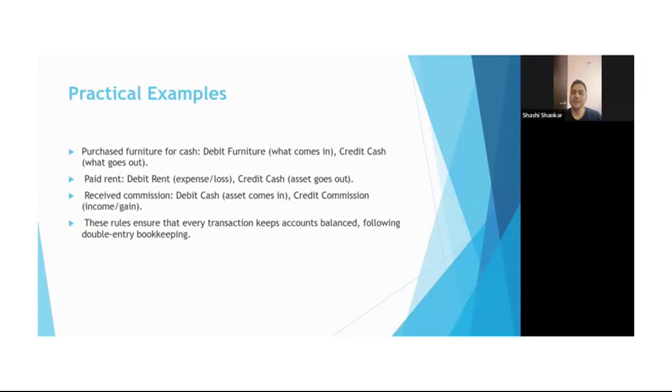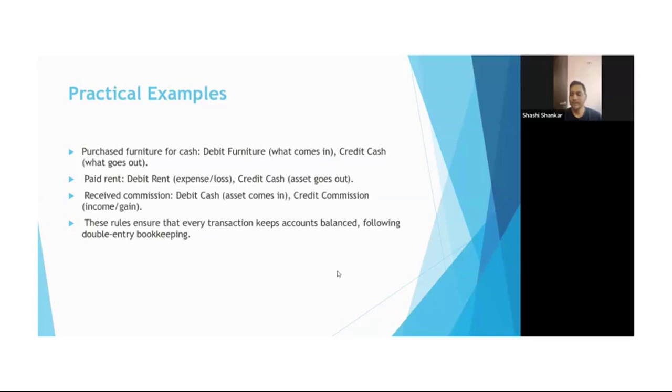In the double entry system, both the debit and credit sides should match, and this is very much required in bookkeeping. For each and every transaction there are two effects, one debit side and another credit side, and both sides of the transaction should match.